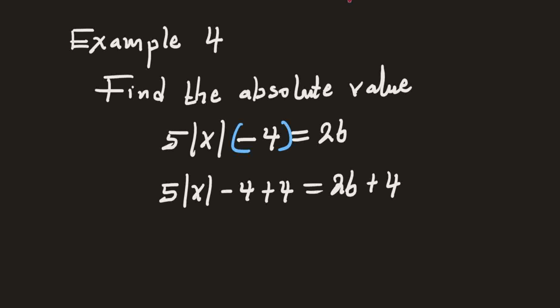And -4 plus 4 is 0. So we can simply cancel this from here. And now we have 5 absolute value of x is equal to 30.